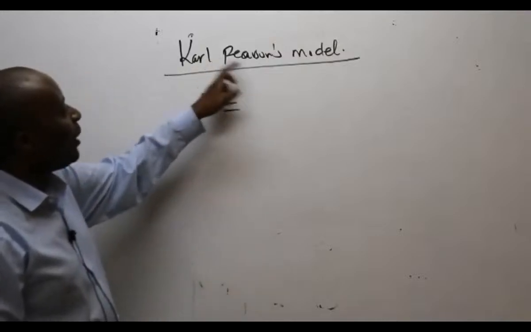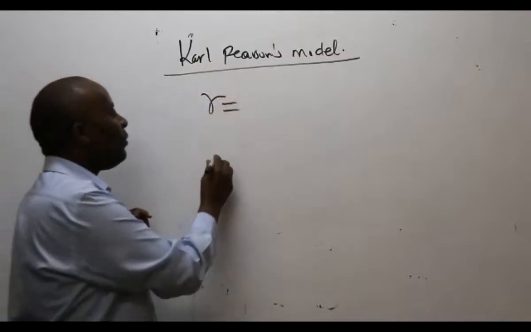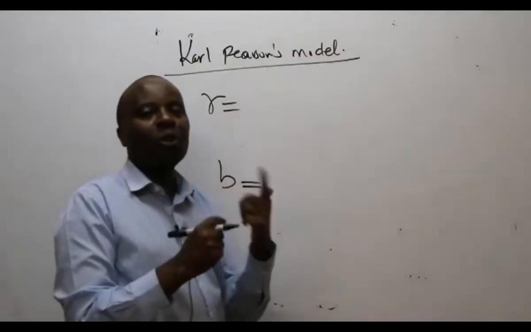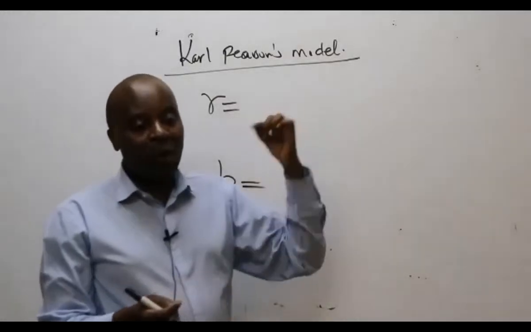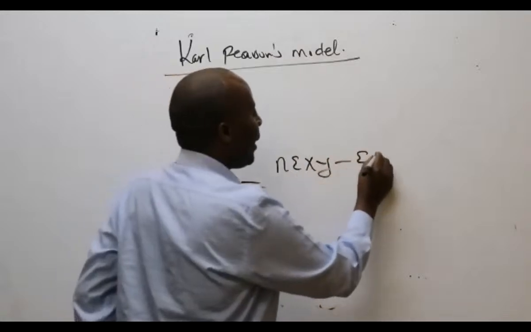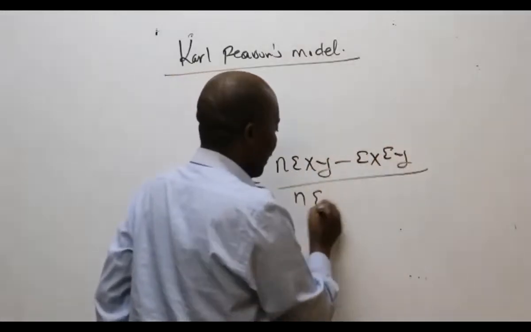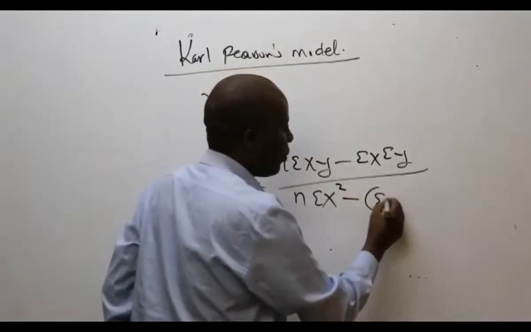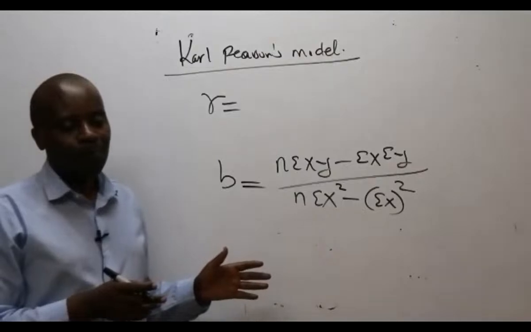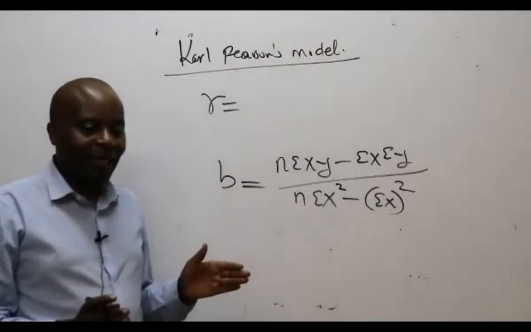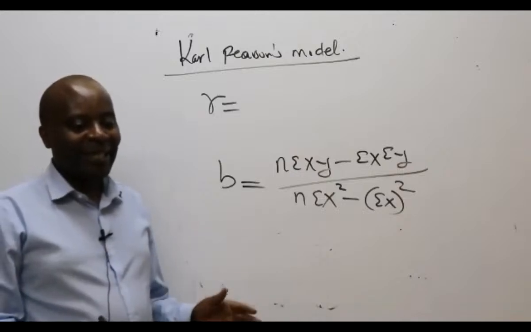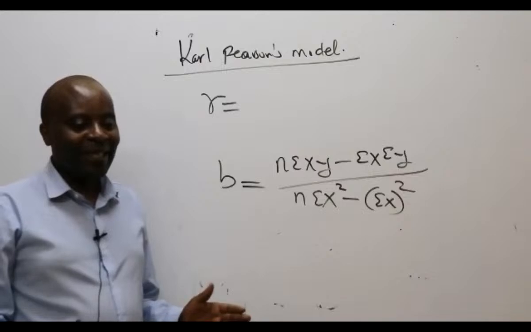Anytime they mention Karl Pearson's model r, first of all I will be forced to remember the formula of getting b, because there is quite a big relationship between b and r. And b is something I will never forget. I know that b equals n summation of xy minus sum of x, sum of y, all over n summation of x squared minus (sum of x) squared. You have to cram this the way I have crammed it myself. That is the formula of getting b.